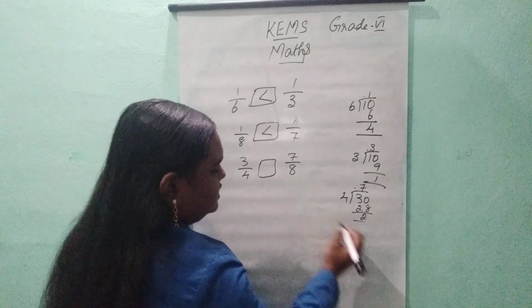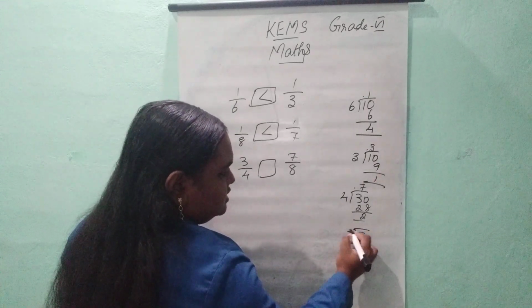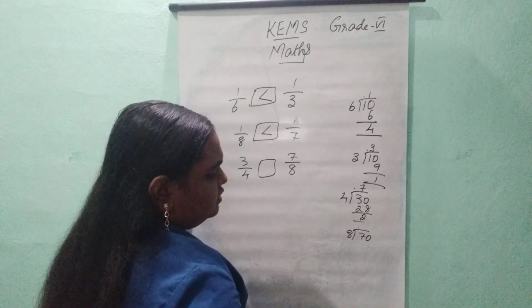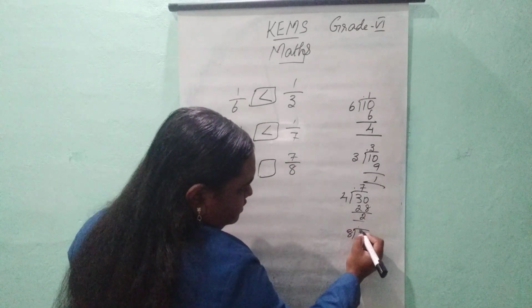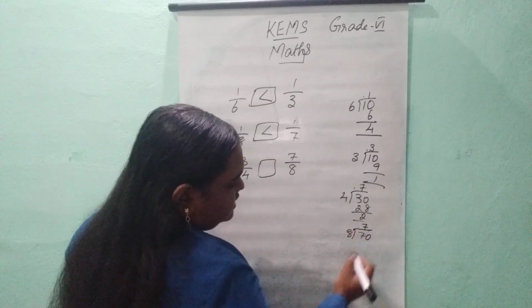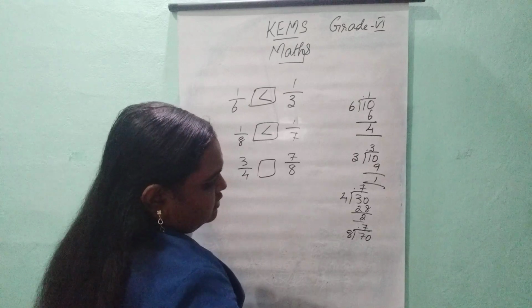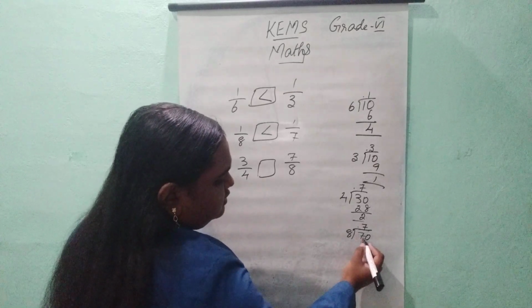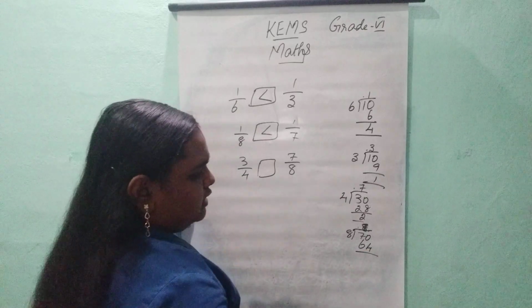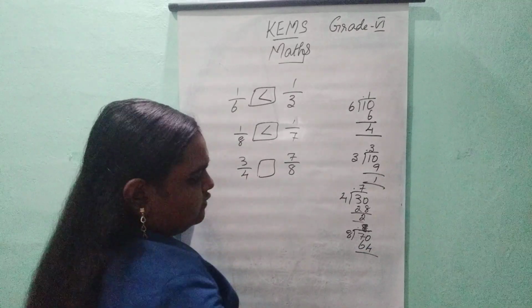Okay. Then 7 by 8. 7 divided by 8 is 0. 8 8s are 64.